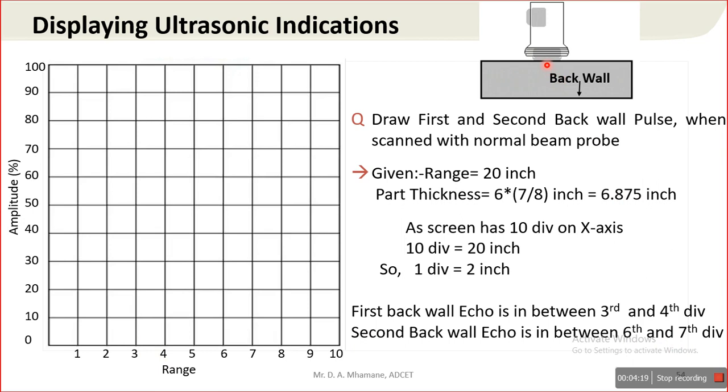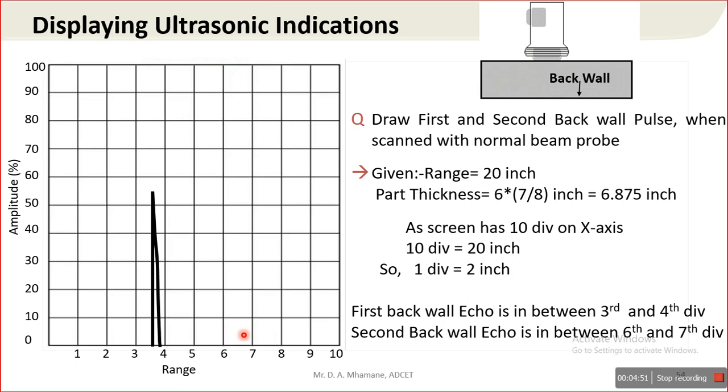So first back wall comes after the third division and before the fourth division, and the second is exactly double. So 2, 4, third division shows 6 inch, 8 inch, 10 inch, 12 inch, and this is 14 inch. So second back wall echo comes in between 6th and 7th division.